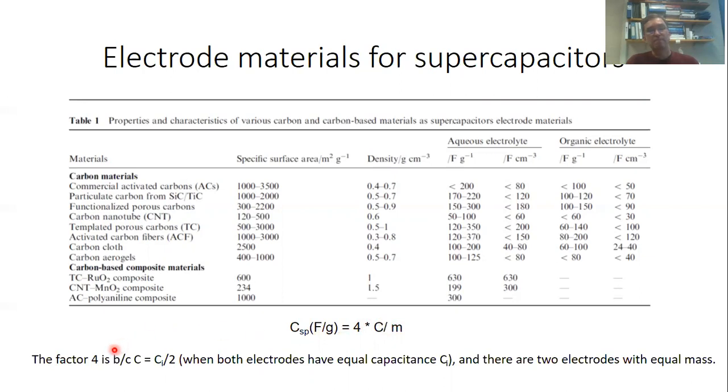So that formula applies here if the capacitor is symmetric.